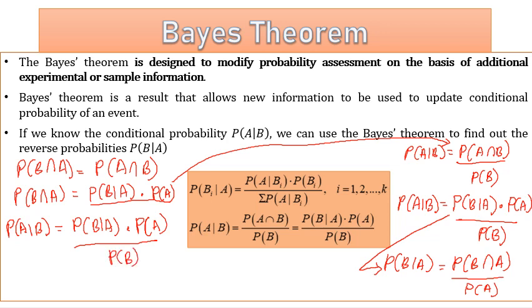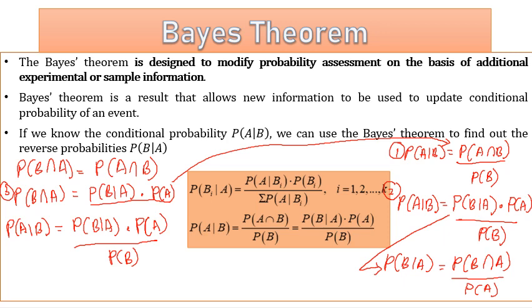Understand? From equation 1 and equation 2, we substitute P(B given A) with this and we simplify here.